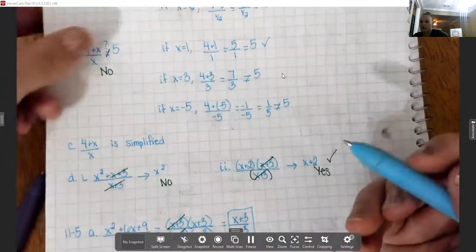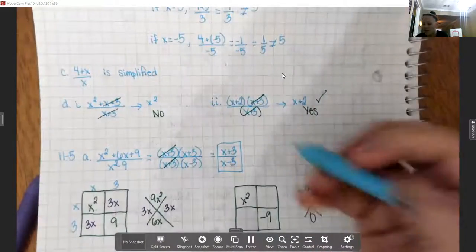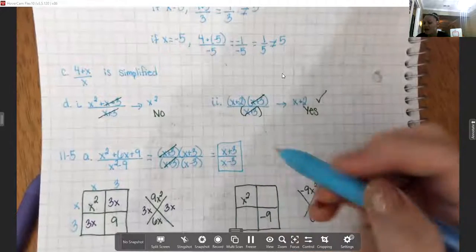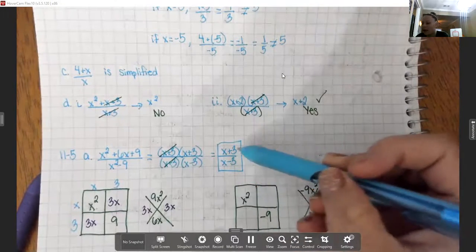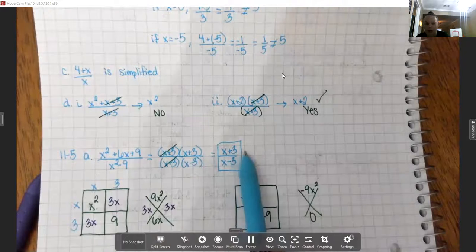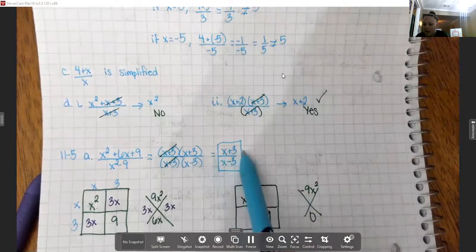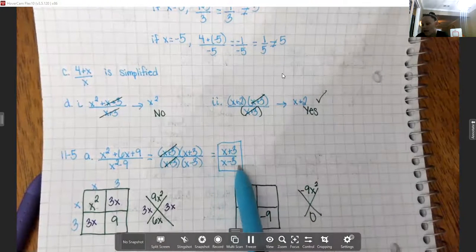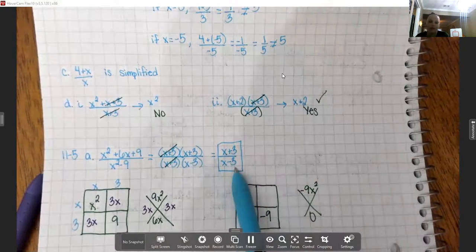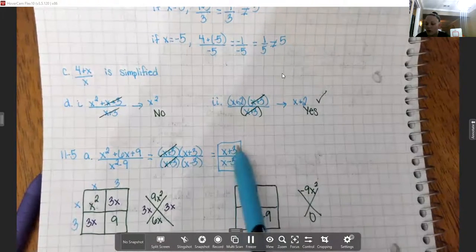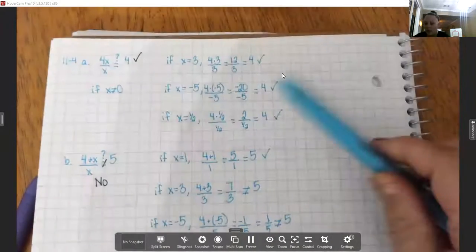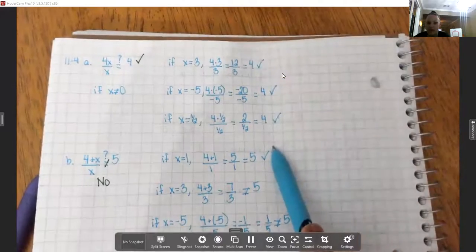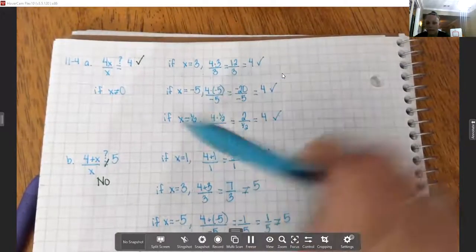And if you're wondering why this could be like -1, if you plug in 0, then yes, this simplifies to -1, but plug in any different number. If I plug in 5, 5 plus 3 would be 8, divided by 5 minus 3 is 2, 8 divided by 2 is 4. So it can only be simplified if when you plug in numbers, you get the same thing every time, like we did up here.